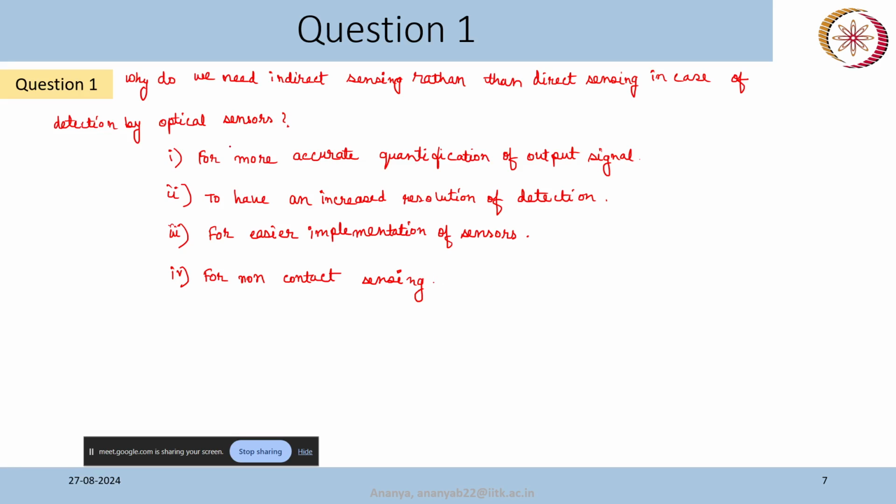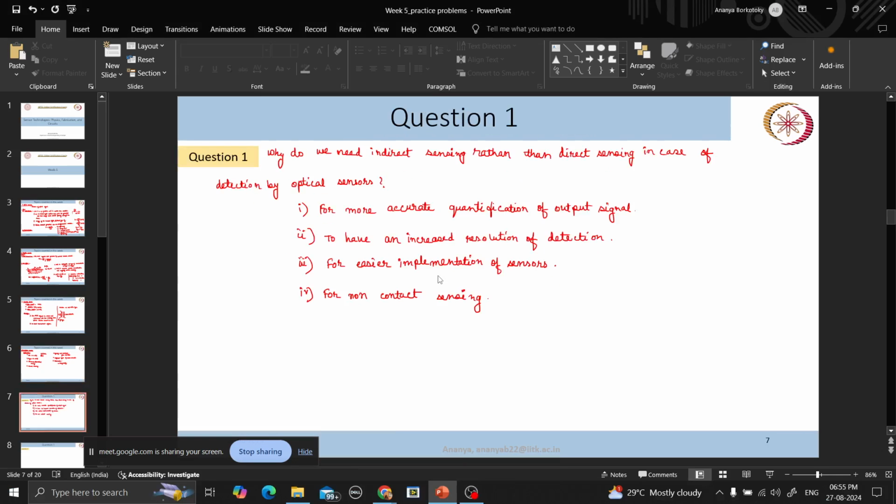So which of these options are correct? Please give me the answer in the chat box.